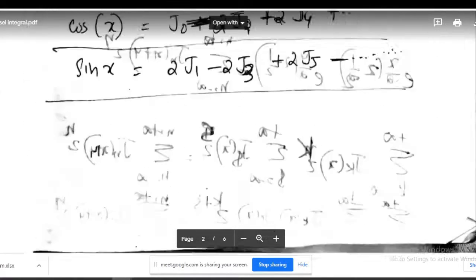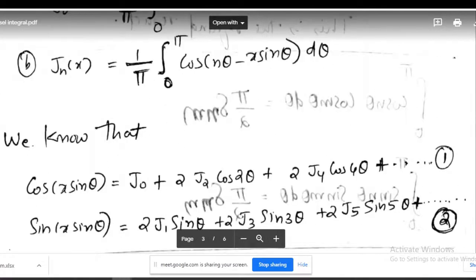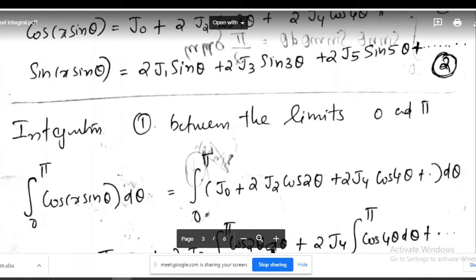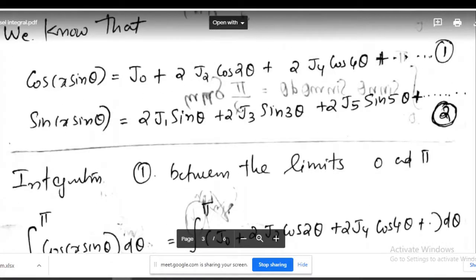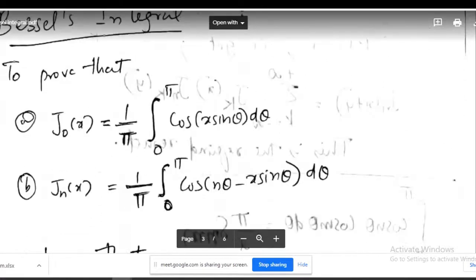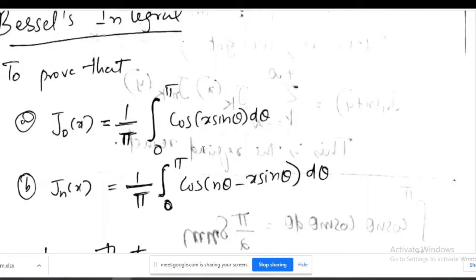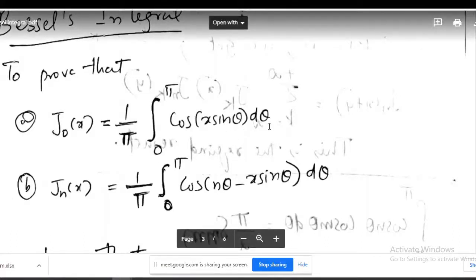From this we express the Bessel function as an integral. What we do is we integrate. First of all, we go for J0 equal to 1 by pi integral 0 to pi cos(x sin theta) d theta.